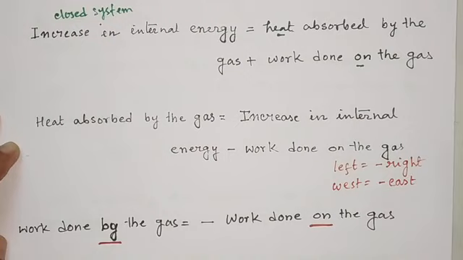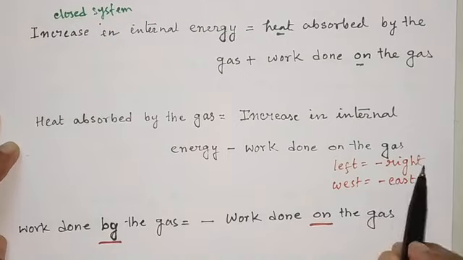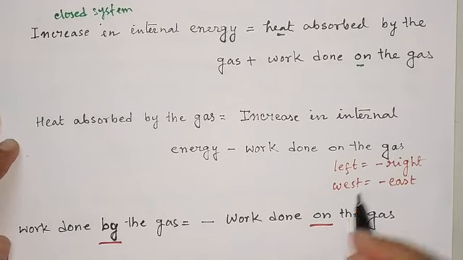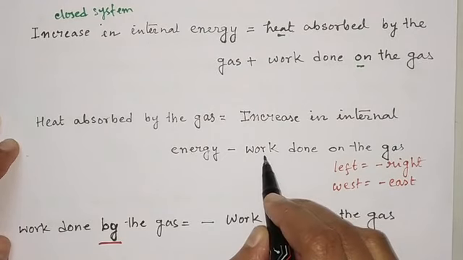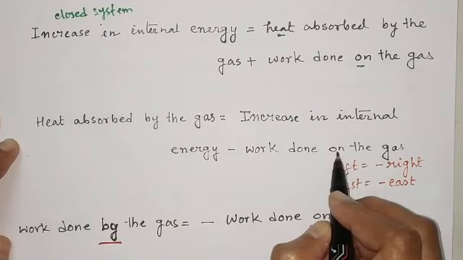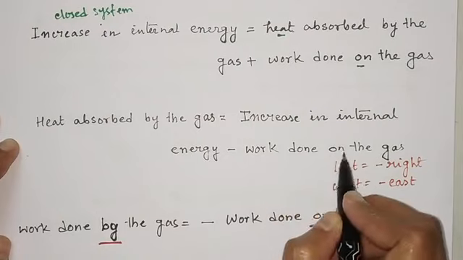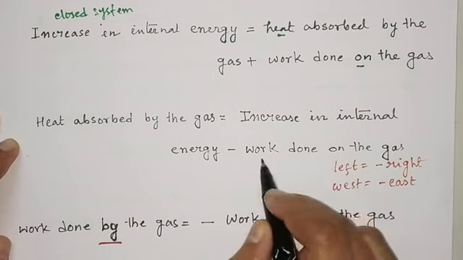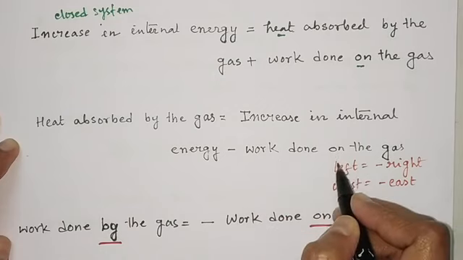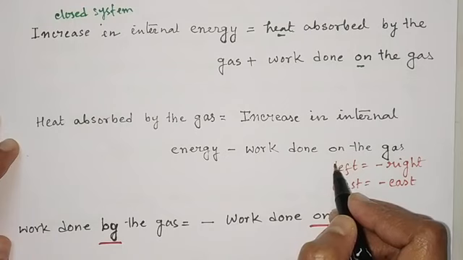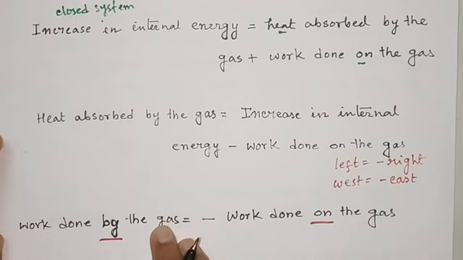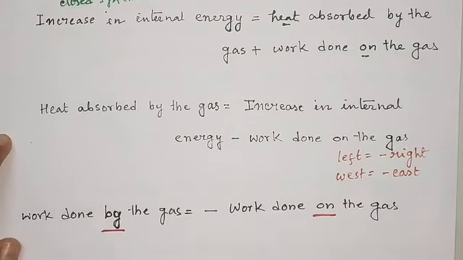So if we have two opposite terms, we can think of one as the negative or minus of the other. For a thermodynamic system there can be two types of work: work can be done on the gas or work can be done by the gas. These two concepts are also opposite of each other, so we can think of one term as the negative of the other.